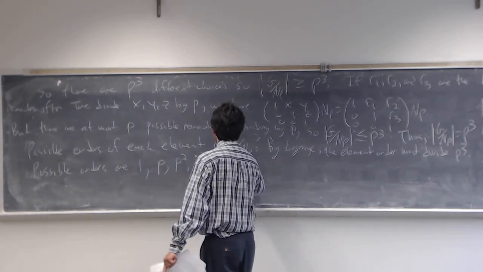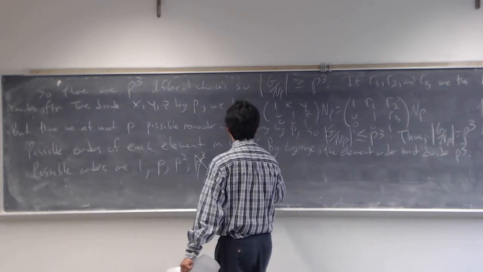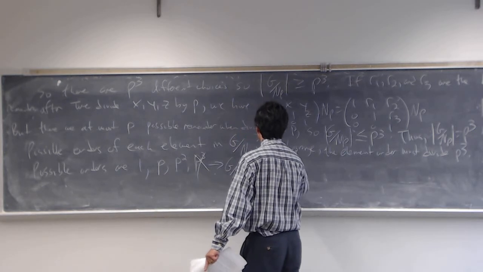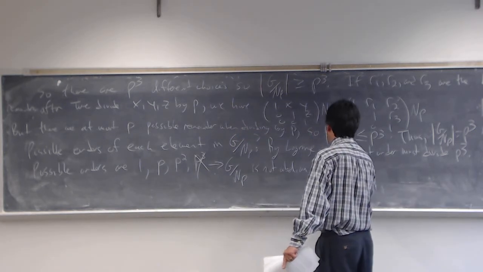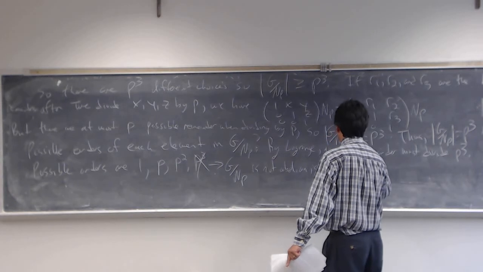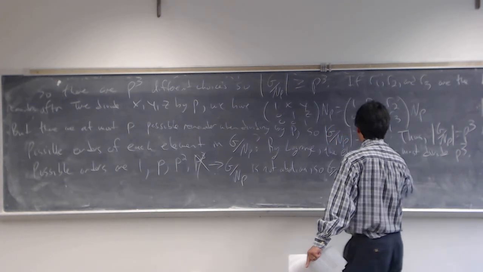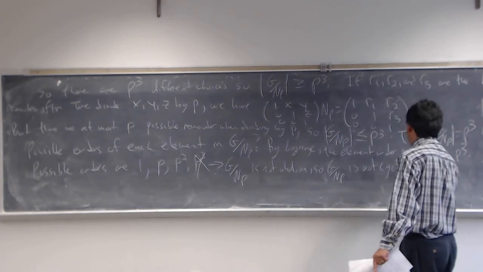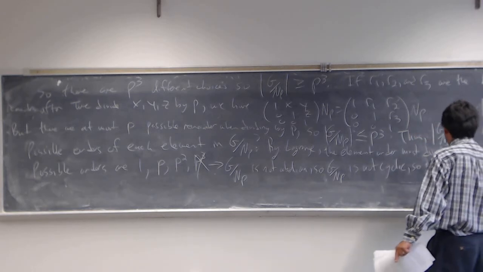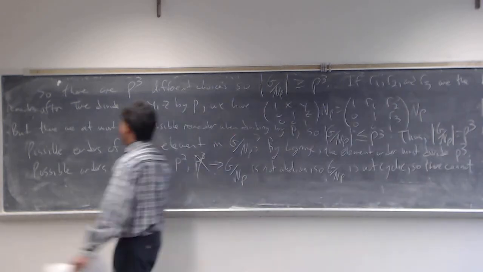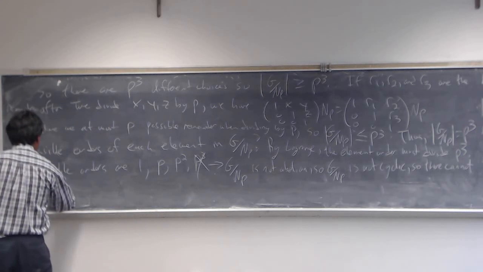This last one we rule out, because remember, way back earlier we showed this group is not abelian, so it is not cyclic. So there cannot be an element whose order is the whole group.